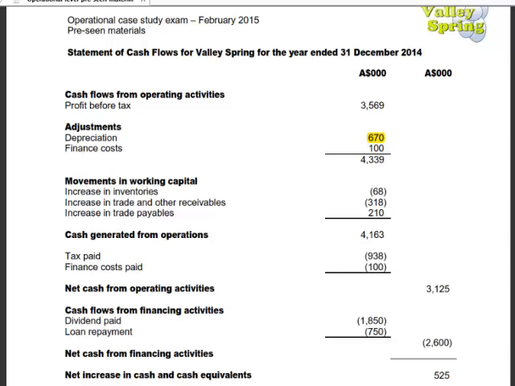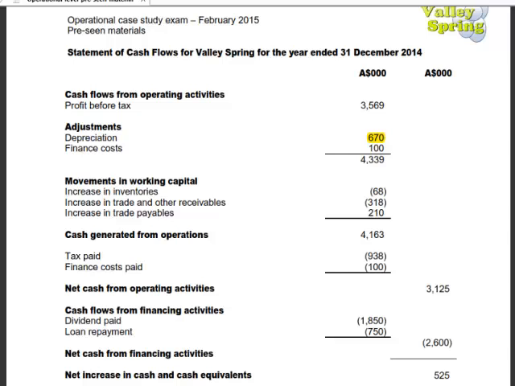When we look at the statement of cash flows, we can see how much depreciation has been charged for the year, 670. And if we go back to the statement of financial position, we'll see that the opening property, plant and equipment is 16.1 million, and the difference between the opening and the closing 15.43 is exactly 670,000.